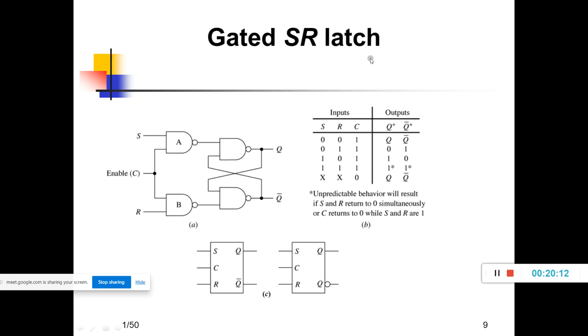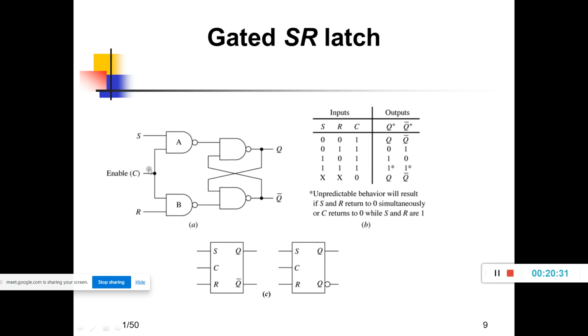Okay, so next, gated SR latch. Gated SR latch is nothing but we have an additional two NAND gates A and B, and the second input of the A NAND gate and the first input of the B NAND gate is connected to enable C. This is a control signal.